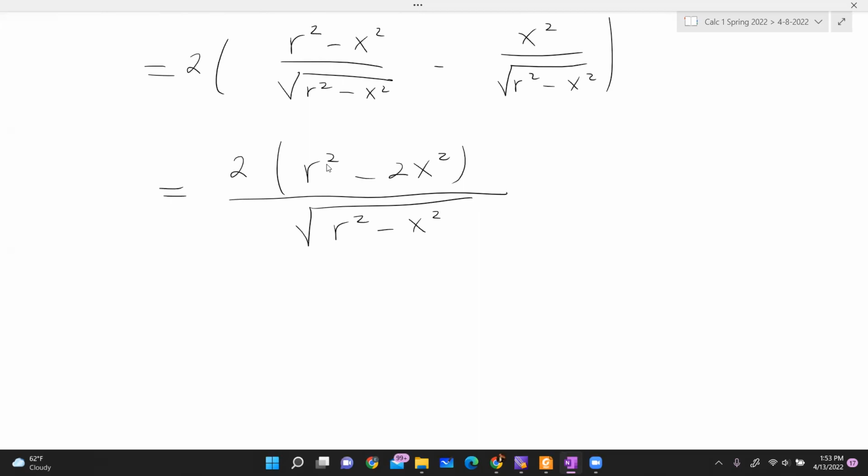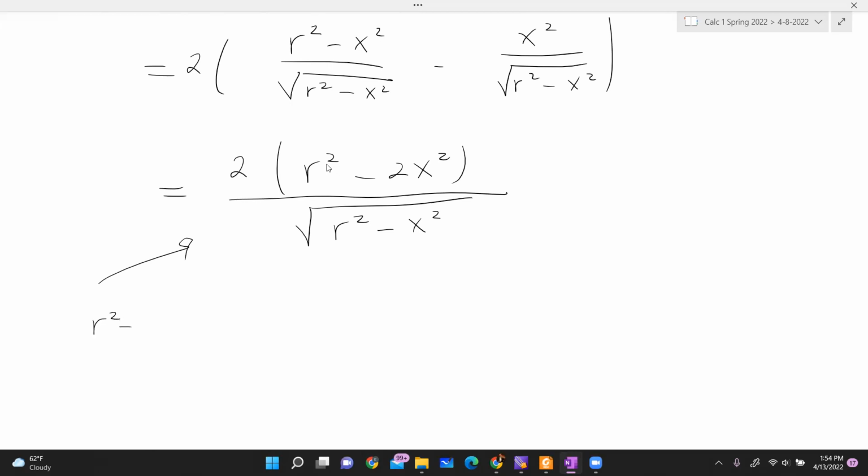So now what we need to do is find the critical number. So the critical number is wherever the function is not defined or where it is 0. So for it to be 0, it's when the numerator is 0.